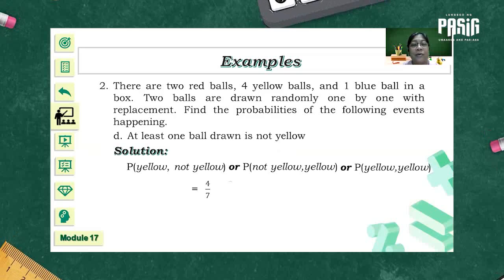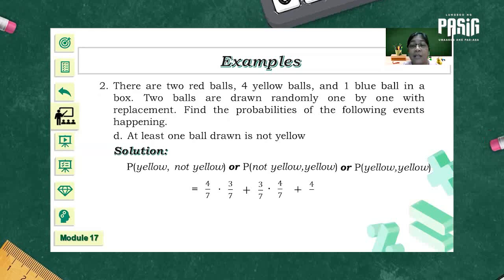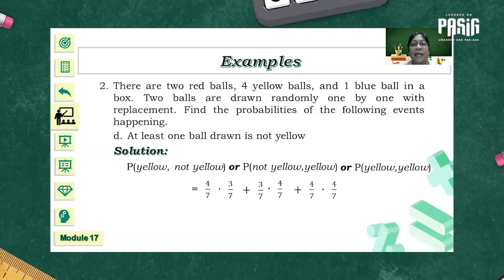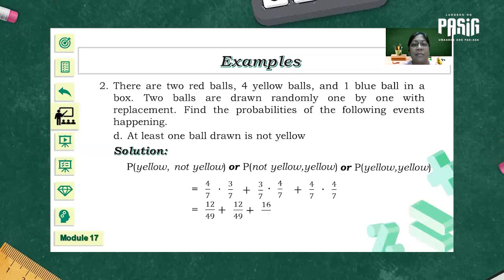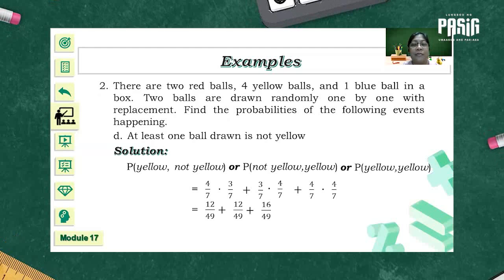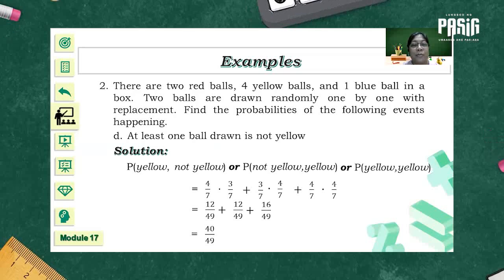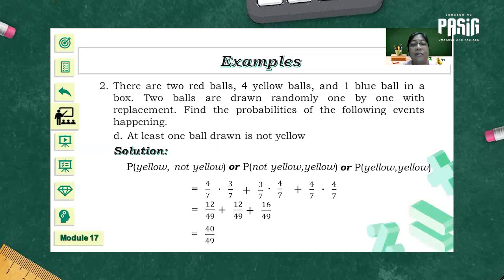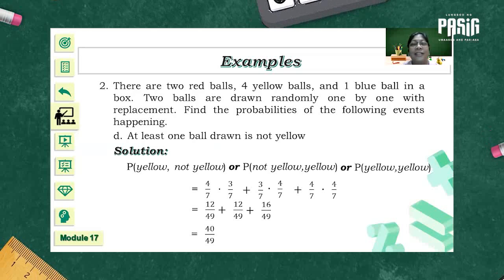So it's equal to 4 over 7 times 3 over 7 plus 3 over 7 times 4 over 7 plus 4 over 7 times 4 over 7, which when simplified is equal to 12 over 49 plus 12 over 49 plus 16 over 49, which is equal to 40 over 49. So the probability that at least 1 ball drawn is not yellow is equal to 40 over 49. Whew, it's a long one.